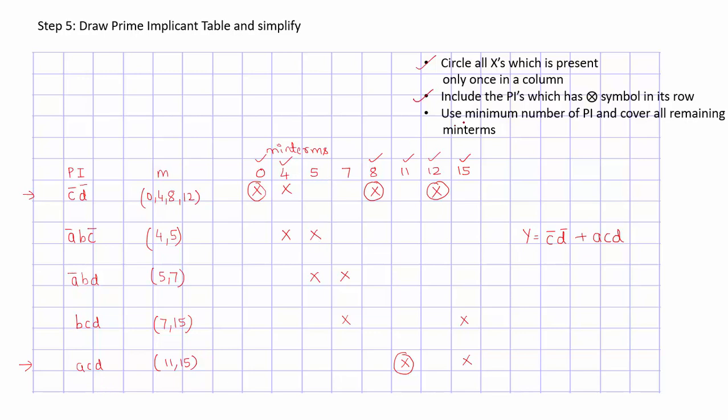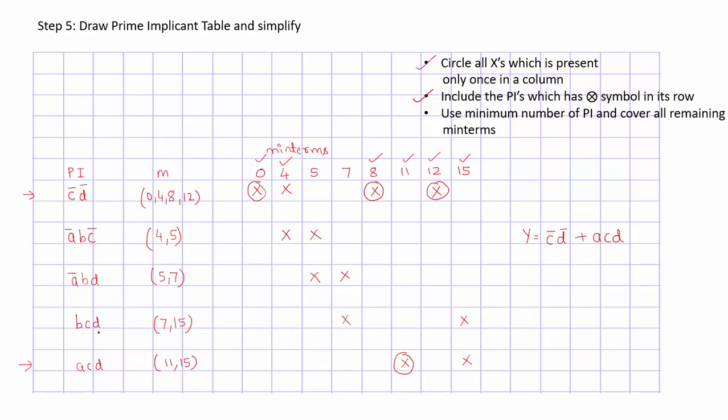Now step 3 says use minimum number of prime implicants and cover all remaining minterms. The remaining minterms are 5 and 7 and the remaining prime implicants are A bar BC bar, A bar BD and BCD. Now out of these 3 prime implicants, you have to select minimum number of prime implicants and try to cover 5 and 7. So if you select A bar BC bar, only 5 gets covered.